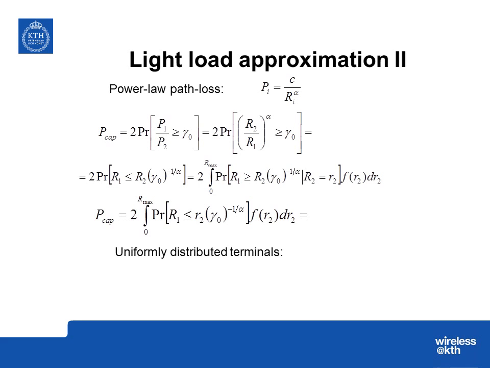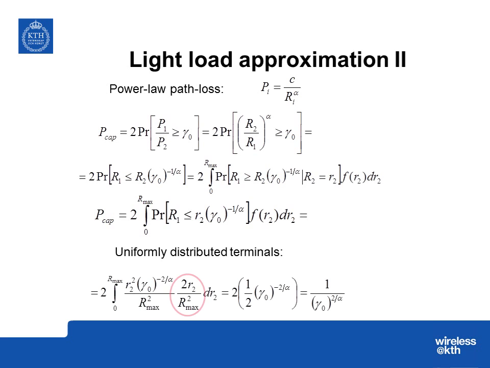Then we need to plug in the density function of a uniformly distributed terminal, and if the stations are uniformly distributed over a circular disk with radius r max, we get the following expression where we have 2r2 over r max squared.